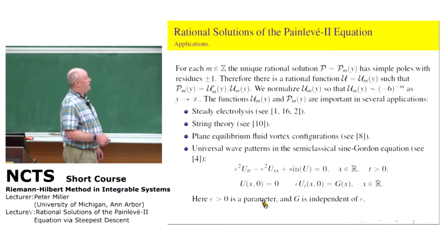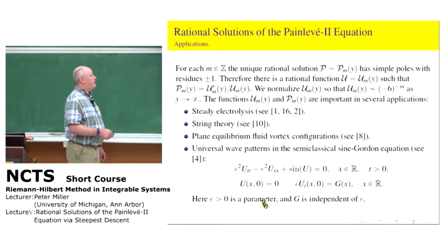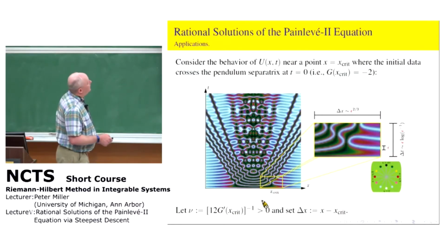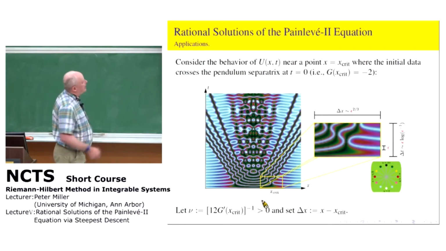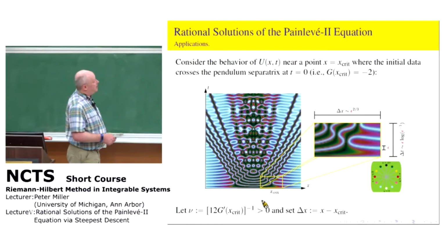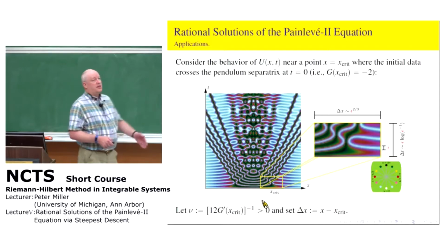Okay? And so epsilon is a positive parameter. The function g that's driving the dynamics is independent of epsilon, and one is interested to describe the solutions of this problem. So here's a sort of picture of what you get. If you have this function g, which is larger in the middle, like it is in this plot here, that g is like an impulse.